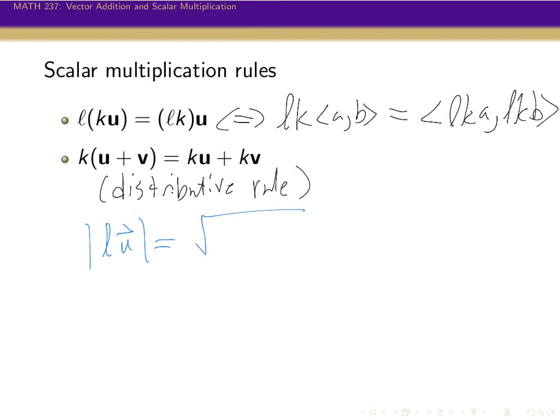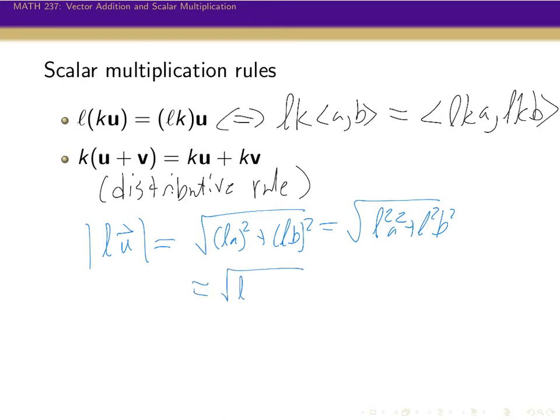This is going to be the square root of L times A squared plus L times B squared, which is going to be L squared A squared plus L squared B squared. And so I can factor an L squared out, times A squared plus B squared.